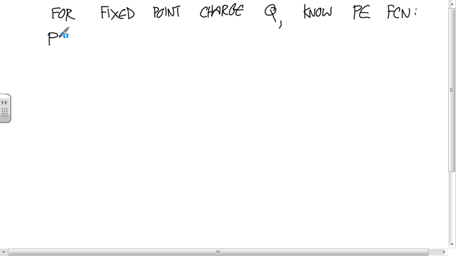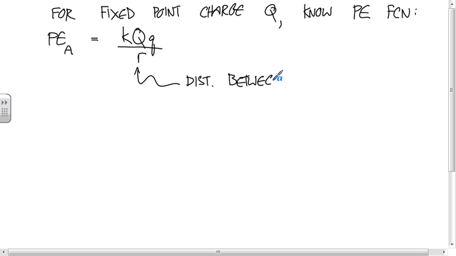The potential energy at some point A is equal to the constant K, the same one that we used for Coulomb's law, times the fixed charge times the test charge, and then divided by the distance between the fixed charge and the point A. And A is the location of that test charge, lowercase q.